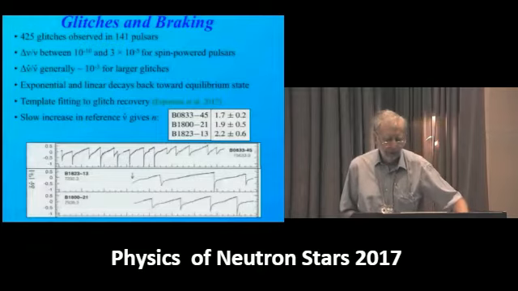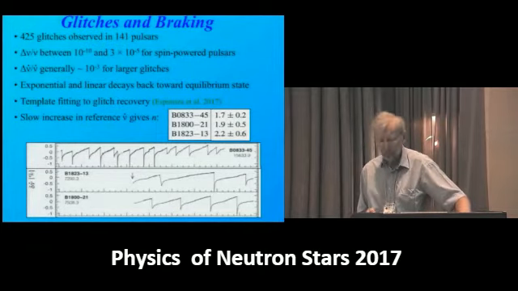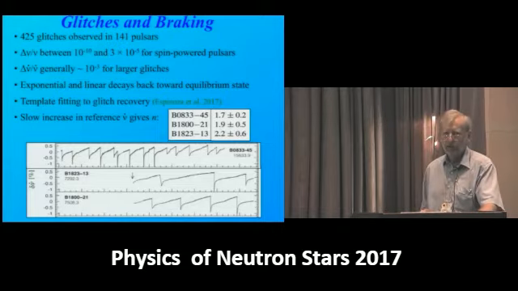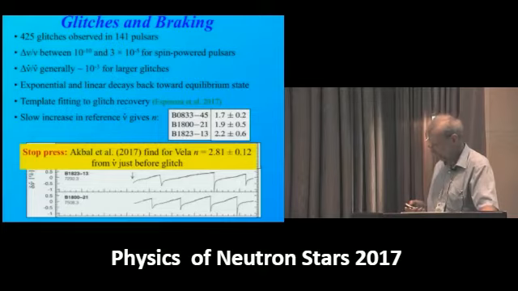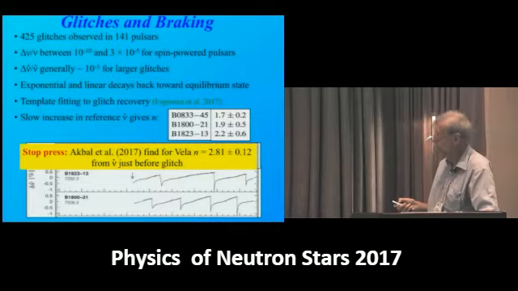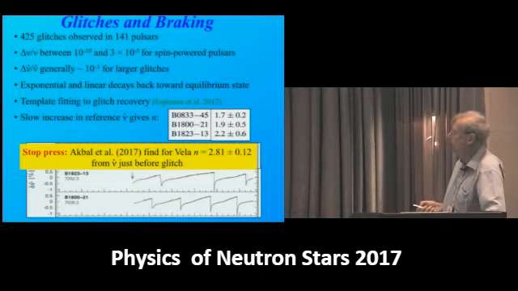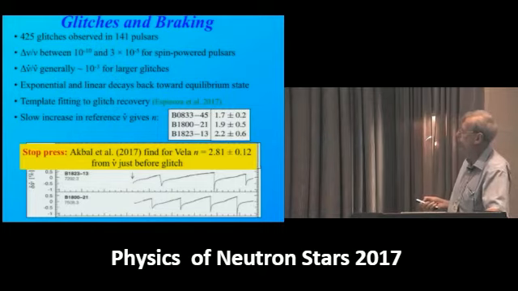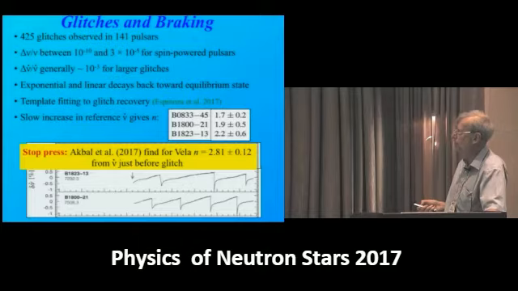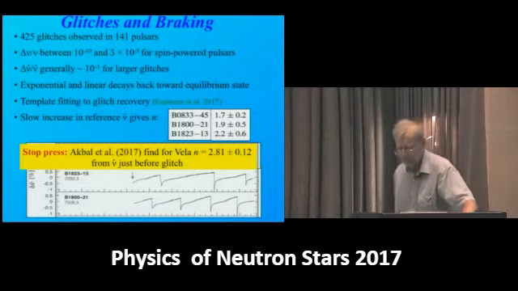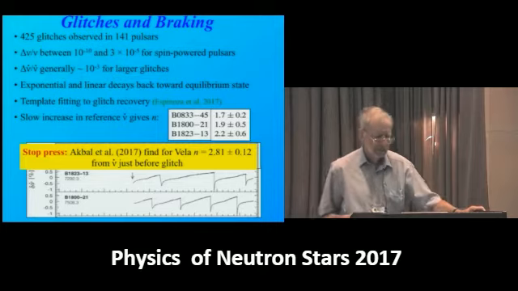So that's unusual, or maybe unexpected, and it's maybe also a bit controversial. I was just reading today or yesterday, looking through ADS, and I came across this paper by Akbal and Ali Alpar and colleagues, where they use a somewhat different method of taking nu dot just before the glitch, and they get for Vela 2.81 plus or minus 0.12, which is very different to this, completely different, well outside the combined uncertainties.